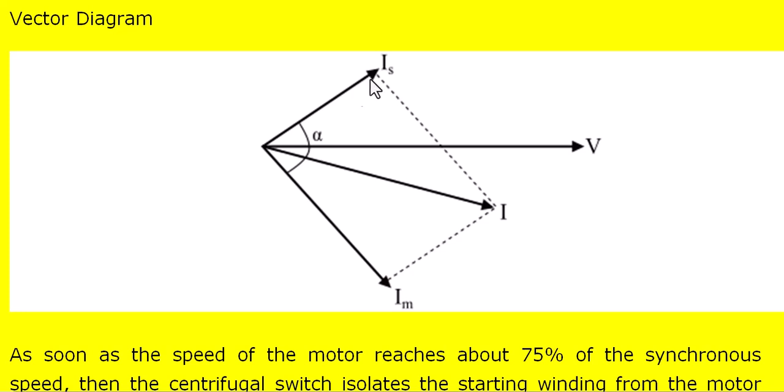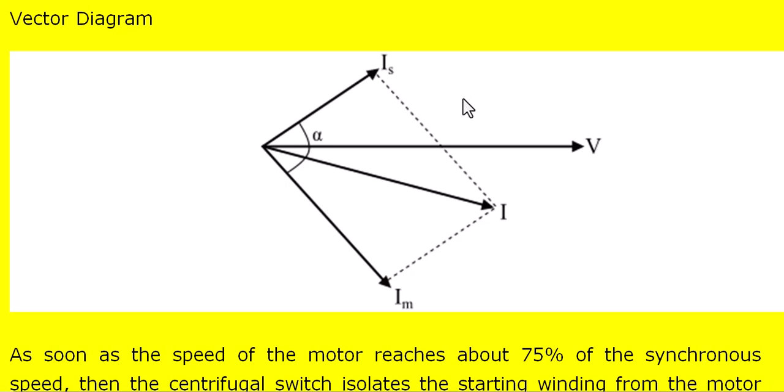This is the auxiliary current. This is also called the starting current, whereas this is the main current or main winding current, and this is the applied voltage. The angle between the starting current and the main current is alpha, and that is equal to 90 degrees. The capacitor used in the auxiliary winding is electrolytic type, and its value is 250 farads.